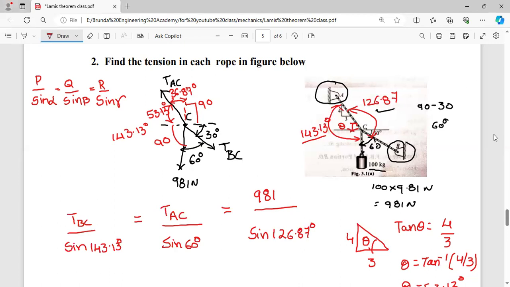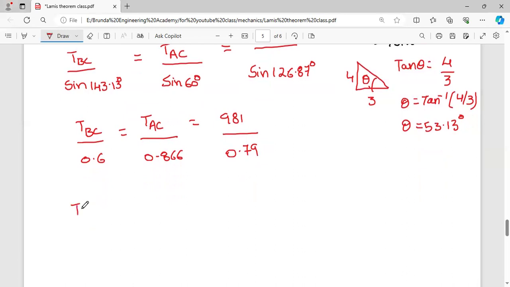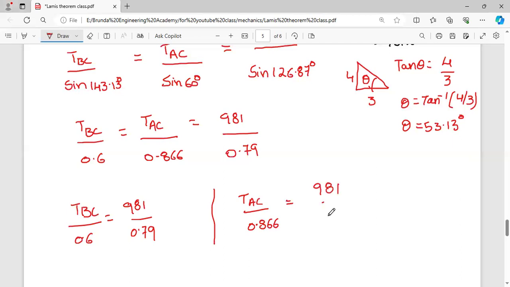So for the simplification, we get TBC by sine 143.13, that value is 0.6, equal to TAC by sine 60, that is 0.866, equal to 981 by sine 126.87, that is 0.79. So TBC by 0.6 equals 981 by 0.79, and TAC by 0.866 equals 981 by 0.79.